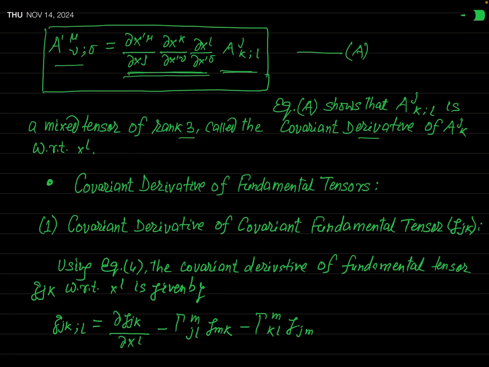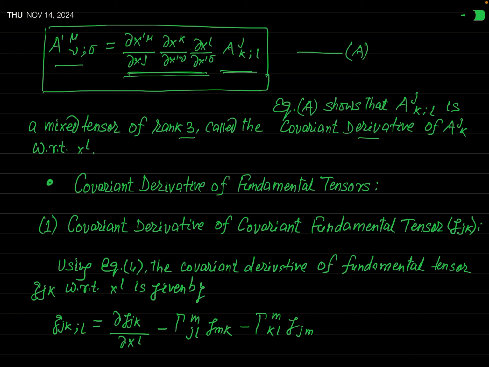Now, after getting the idea of the covariant derivative of a mixed tensor, we are going to see how we can find the covariant derivative of fundamental tensors. Actually, the covariant derivative of all the fundamental tensors is 0.